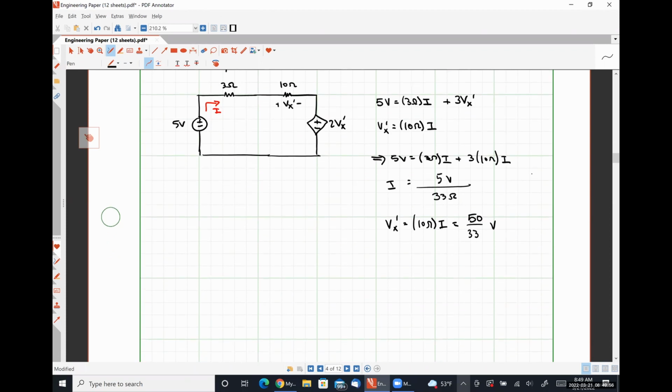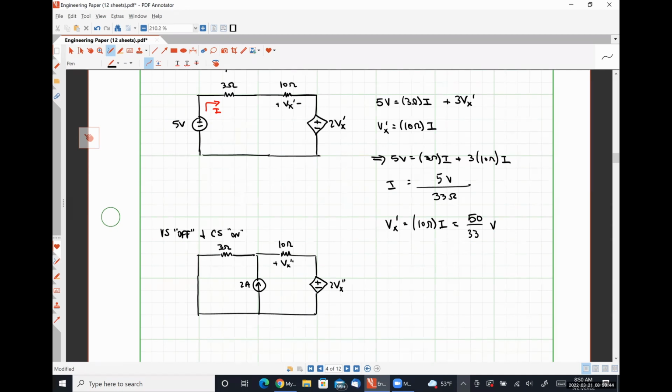We would then need to reanalyze the circuit with our voltage source off and current source on. So we'd have 3 ohms, 2 amps, 10 ohms, 2 Vx double prime, like so.